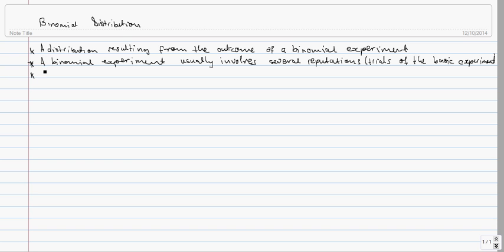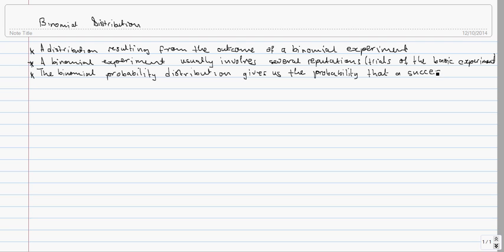We also need to take note that the binomial probability distribution gives us the probability that a success will occur X times in N trials.